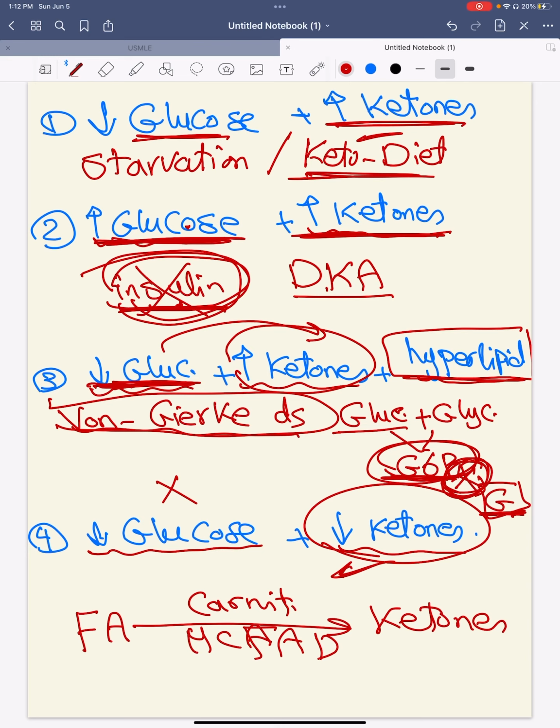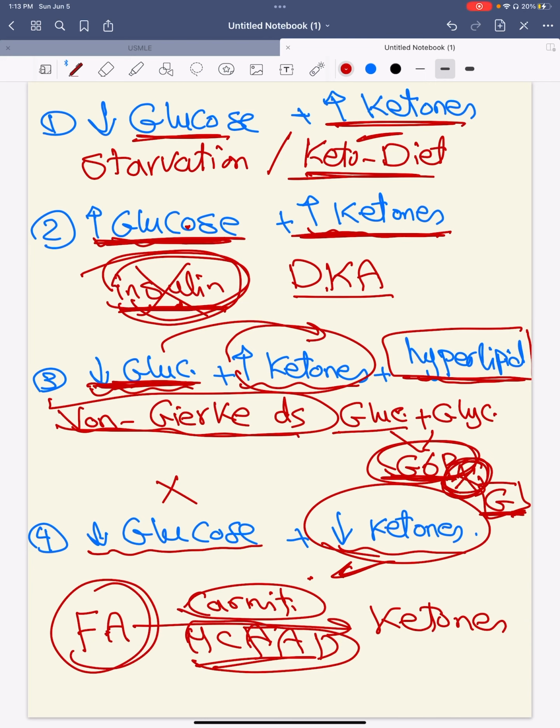Again, the process includes carnitine, which takes the fatty acid and puts it in the mitochondria, and in the mitochondria there is another enzyme called medium chain acyl-CoA dehydrogenase, which converts fatty acid to ketones. So if you have carnitine deficiency or medium chain acyl-CoA dehydrogenase deficiency, you won't be able to convert fatty acid into ketones.